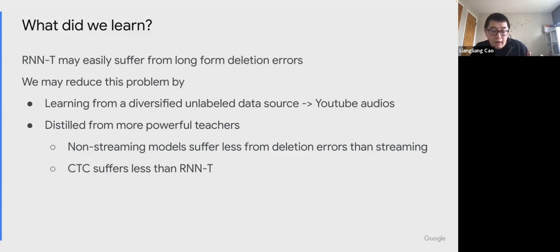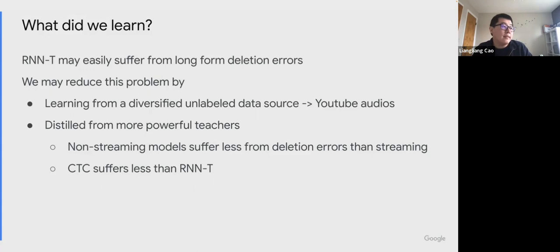So if the model generates the prediction while you are speaking, that's streaming. If the model has to wait until the speech is finished, it's called a non-streaming model. For the non-streaming model, you can use a bidirectional RNT and use the information from both the past and the future. A non-streaming model is not welcome for applications like real-time transcription, but we can borrow it here as our teacher.